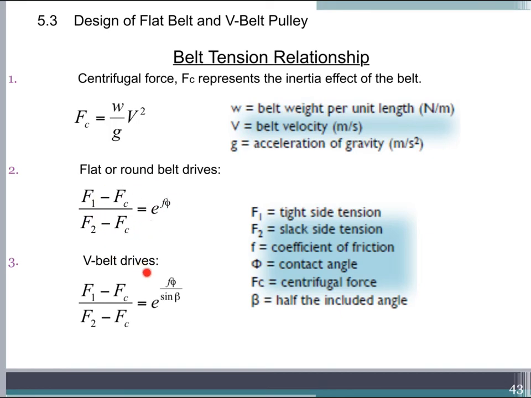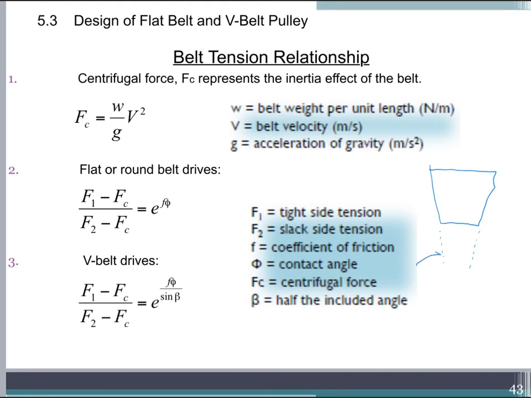But for V belts, the difference is they have the sine beta, where beta is the half included angle. So what is the half included angle? Let's say we have a V belt here, and then we extend.